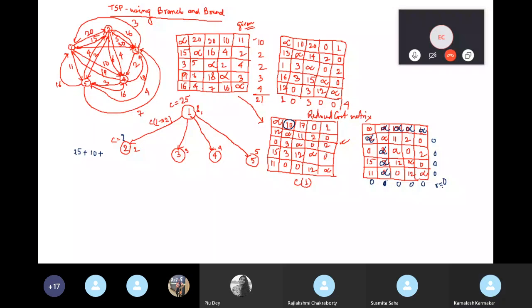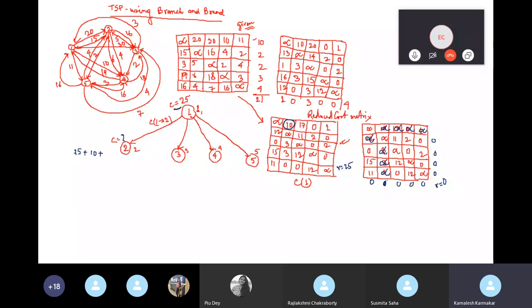To obtain the previous matrix from the given matrix, the reduction value was 25, so that's why it was marked as 25. Now here the reduction value is 0.